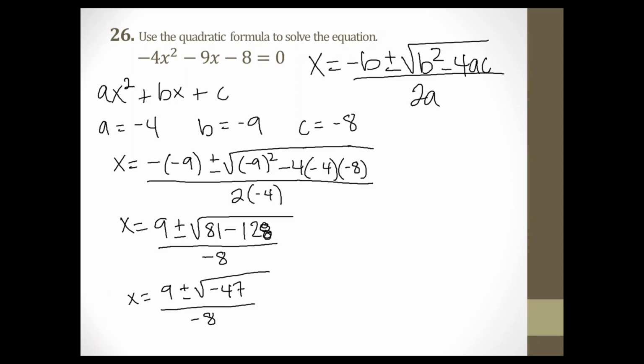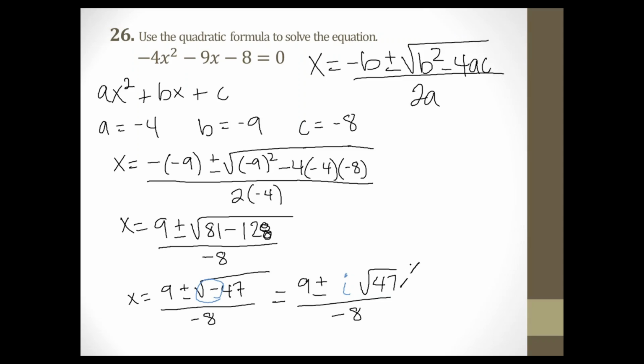by negative 8. So we have a negative under the square root. So we want to go ahead and pull it out of that square root and make it an i. So that's going to equal 9 plus or minus i times the square root of 47, all divided by negative 8. And so now if you look at your answer choices, this is actually giving you two different answers.